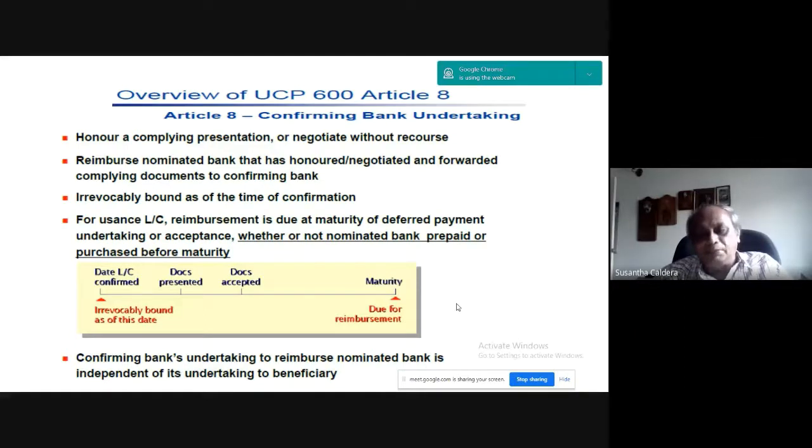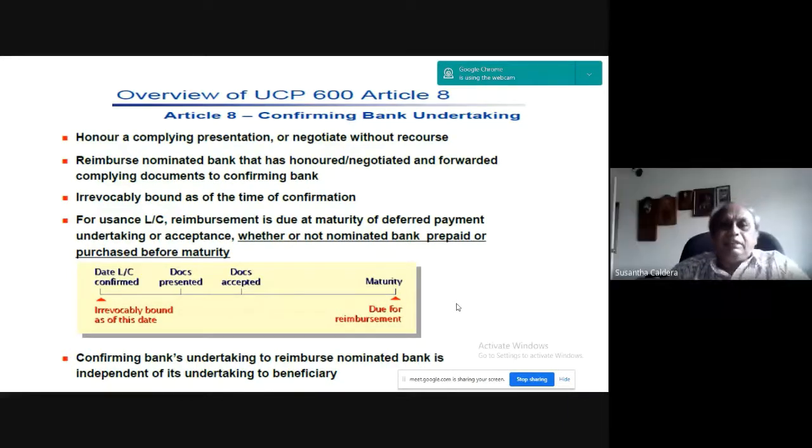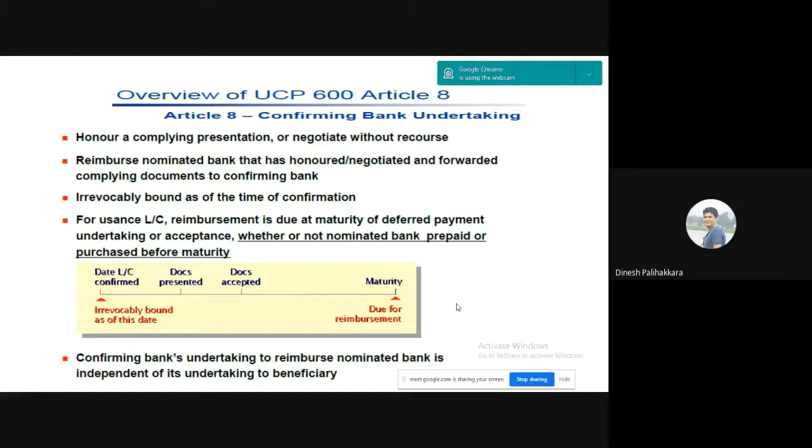The responsibilities and obligations are almost the same. So the confirming bank has the undertaking to honor compliant presentations, or negotiate without recourse.